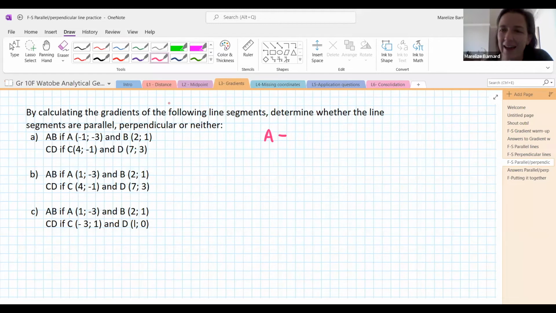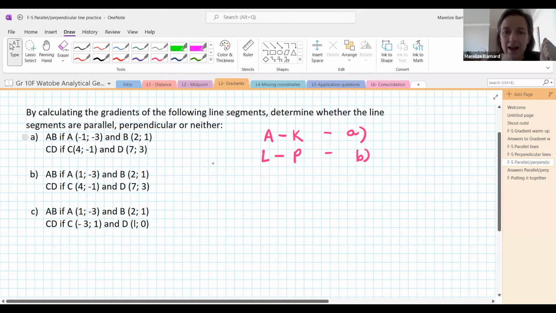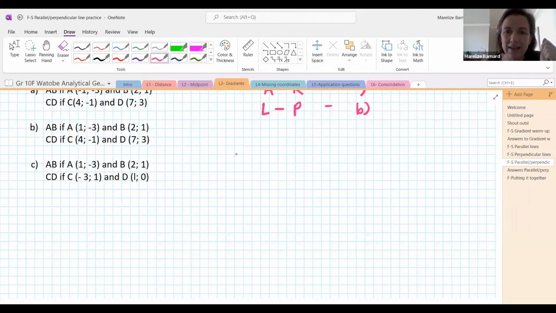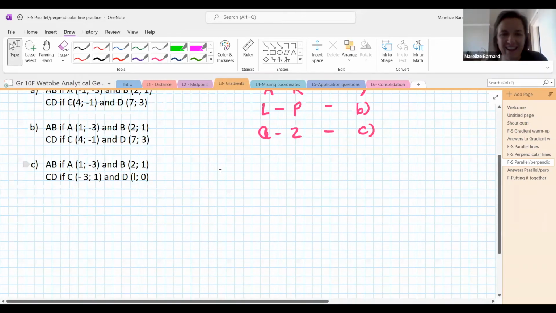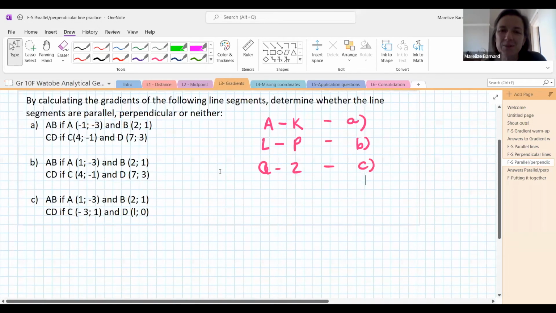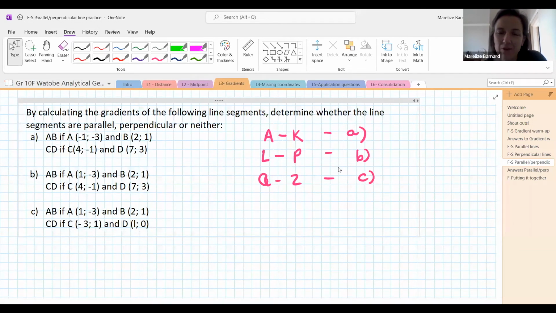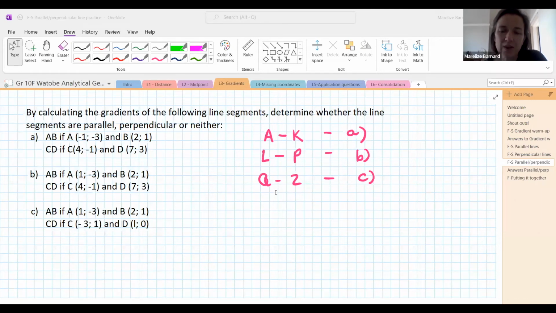That must be K. A to K, you're going to do question A. And then L to, let's just make it P, you can do question B. And then everyone else who's remaining, Q to Z, you can do C. So if your name starts with A to K, you're doing question A. If your name starts with L to P, then you're doing question B. And if your name starts with Q to Z, you can do question C.